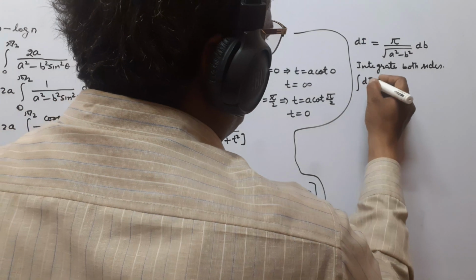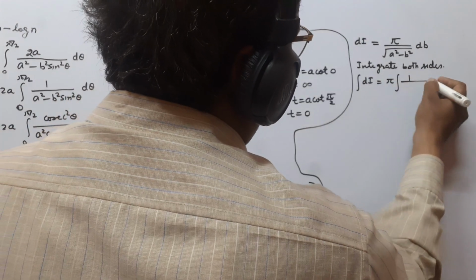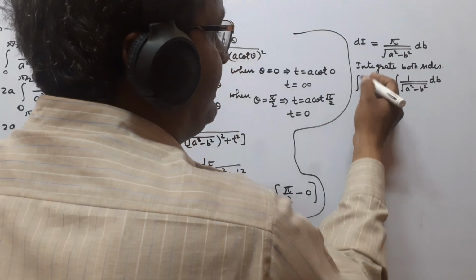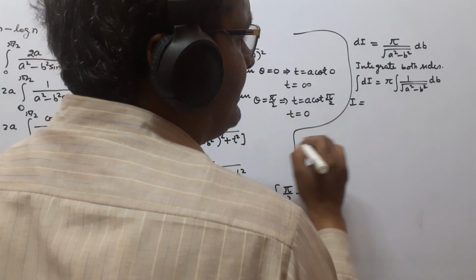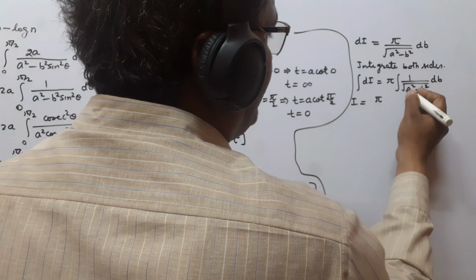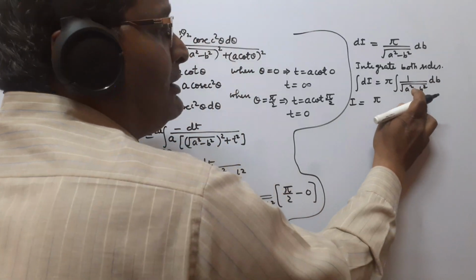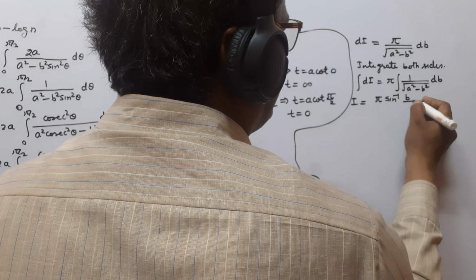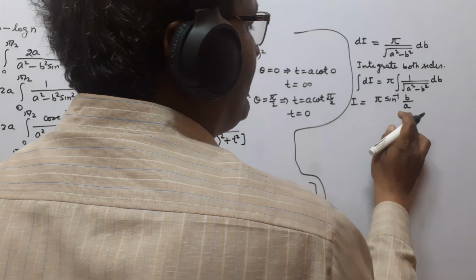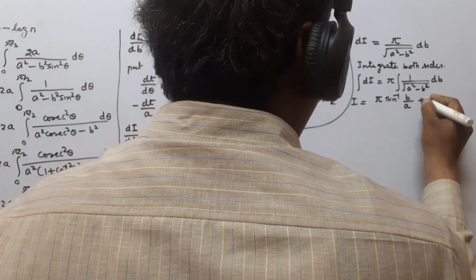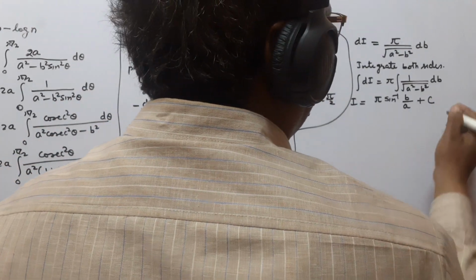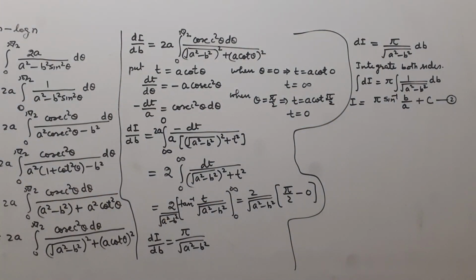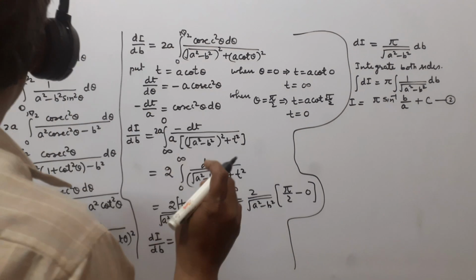So we get dI is equal to pi times the integral of 1 upon under root a square minus b square db. Integration of dI is I here, and we know that the integral of 1 upon under root a square minus x square is sine inverse x upon a. So this is sine inverse b upon a. Here c is the integration constant. Suppose this is equation 2, and equation 1 is the given integral.